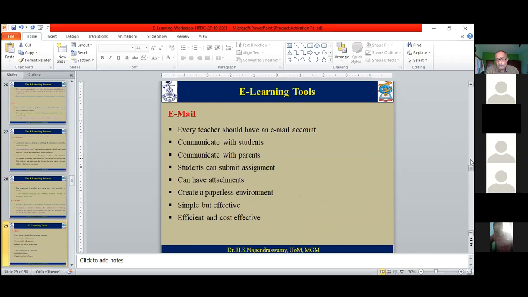I hope many of you are already familiar with these things. Maybe because many of you are already involved in the textbook writing process, or you are involved in the NAAC evaluation process, right? And also you might have thought of offering a course online.